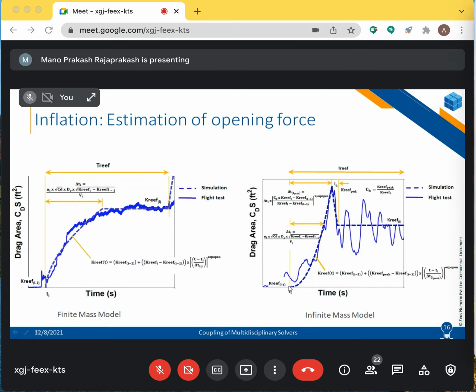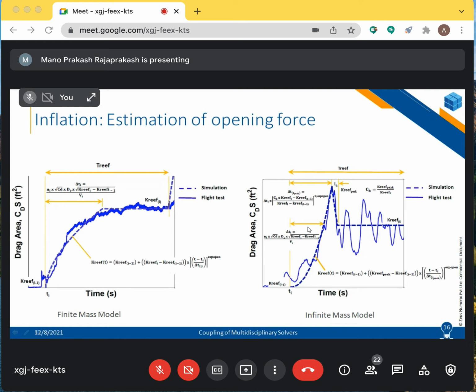For this particular phase there is a set of equations to find out the time it is going to take. That is the fill time, as I told. This is the fill time for nominal inflation. From here to here, it is for the overinflation to happen, and from here to here, it is going to get back to its nominal condition.